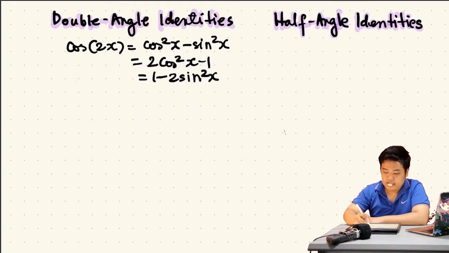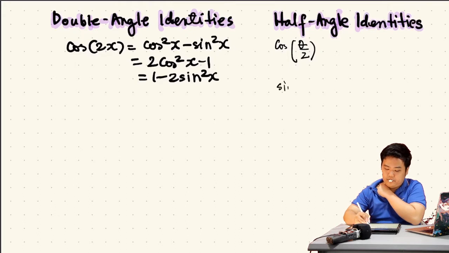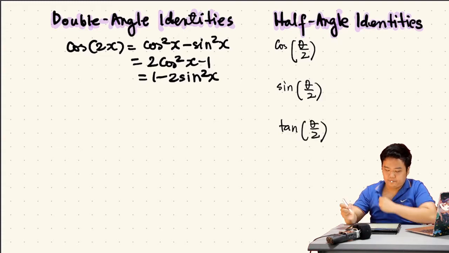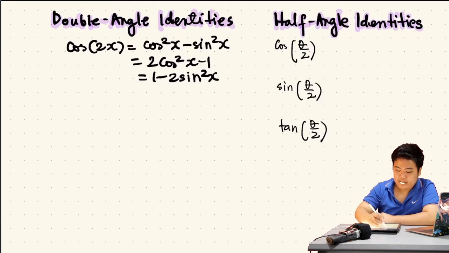So, ang tanong dito sa half-angle identity, saan kaya equal ang cosine theta over 2, sine theta over 2, at saka ang tangent theta over 2. Okay, so, ang gagawin natin, we will let this one equal to theta, yung 2x.